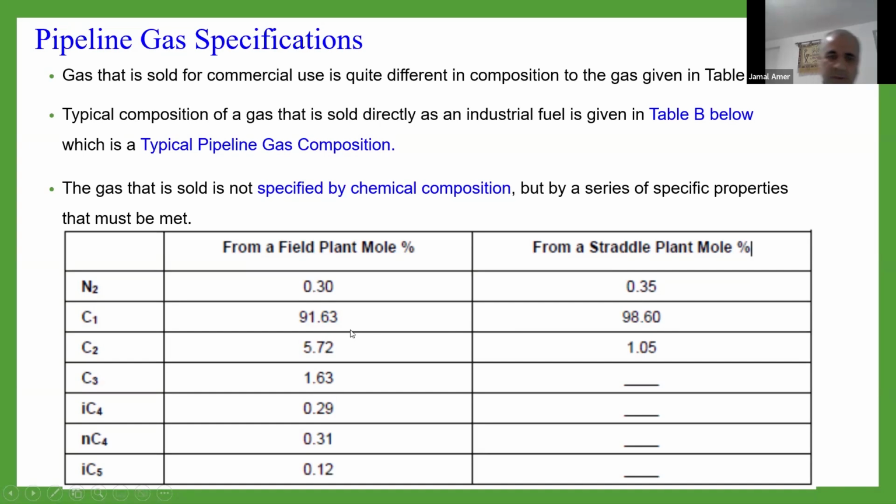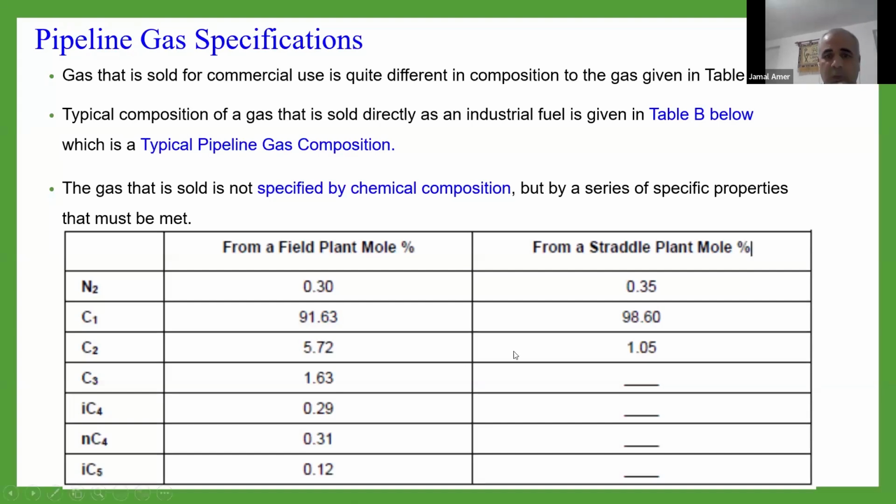So after final treatment, we get natural gas with around 89, or sometimes 99%, methane, C1. And we see C2, C3 in very little amounts, while the acidic gases H2S and CO2 are removed during the sweetening process.